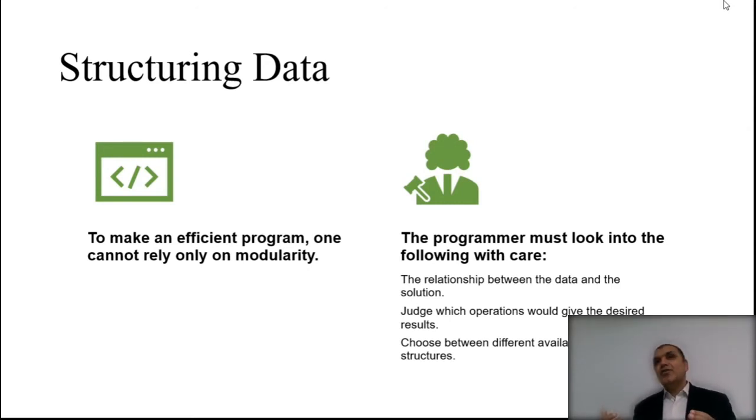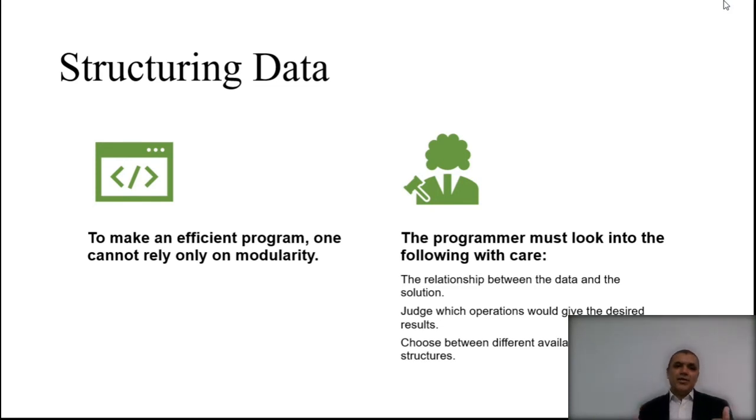Now, how is the structuring of the data? This is the most important. To make our programs very efficient, it is not enough just to make them into different modules. It is entirely important for a programmer to see into how many different parts we are breaking the program, why into that number of parts, how they are interlinked with each other, what their relations are, and how they will perform at the end of the day.